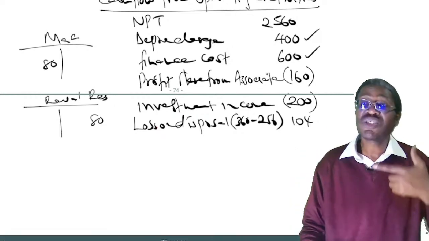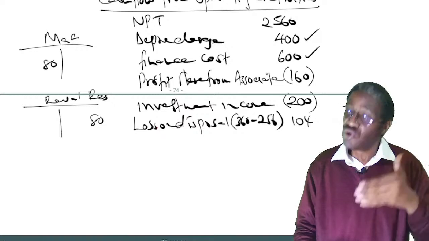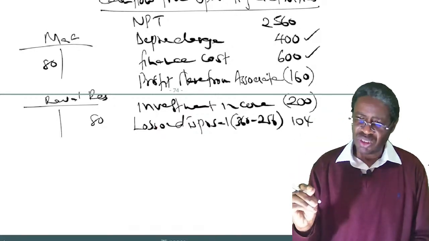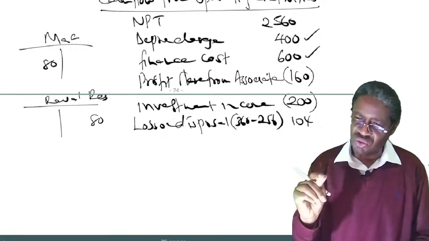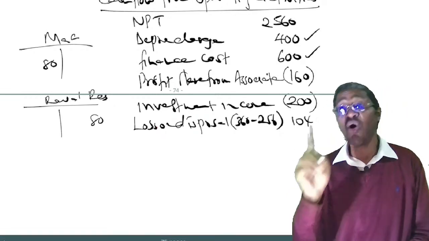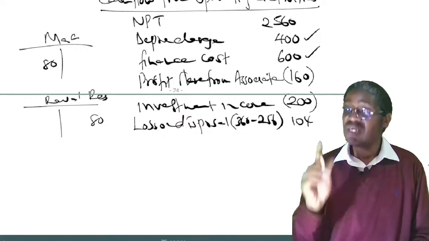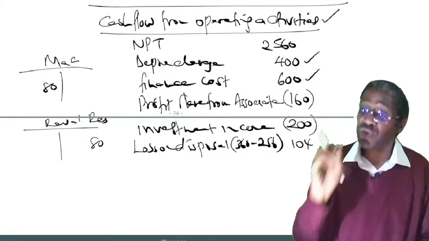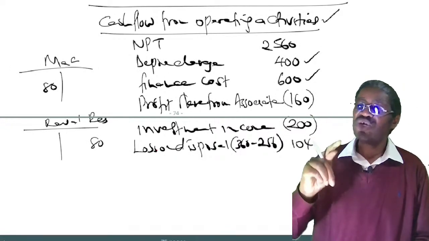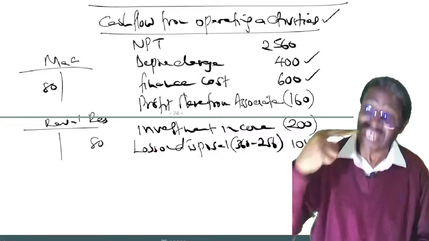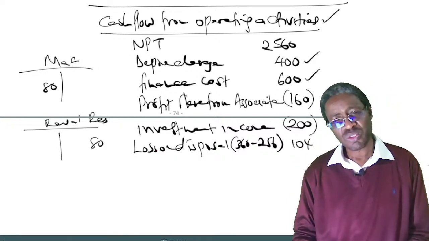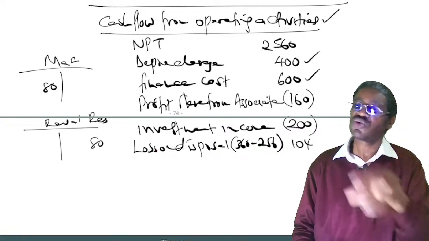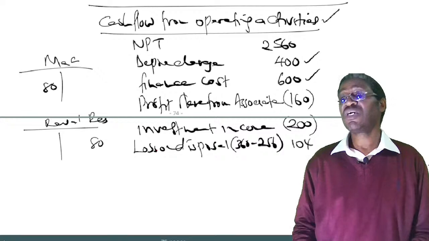No, it goes direct to the balance sheet. So as much as it's true, get the point? A revaluation gain or loss is a non-cash item, don't use it when you are adjusting our profit before tax. Why? Because it did not go direct to the P&L account. That gain or that loss goes to an account called revaluation reserve.